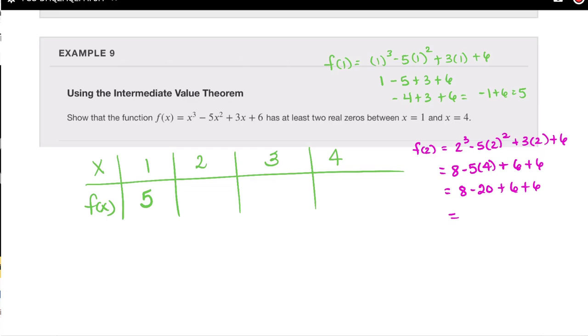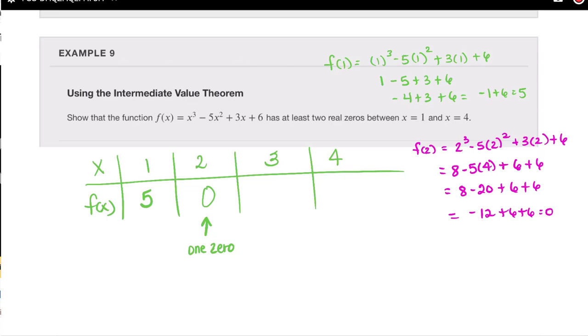So 8 minus 20 is negative 12 plus 6 plus 6 equals 0. So here's at least 1 zero. There's 1 zero at x equals 2.